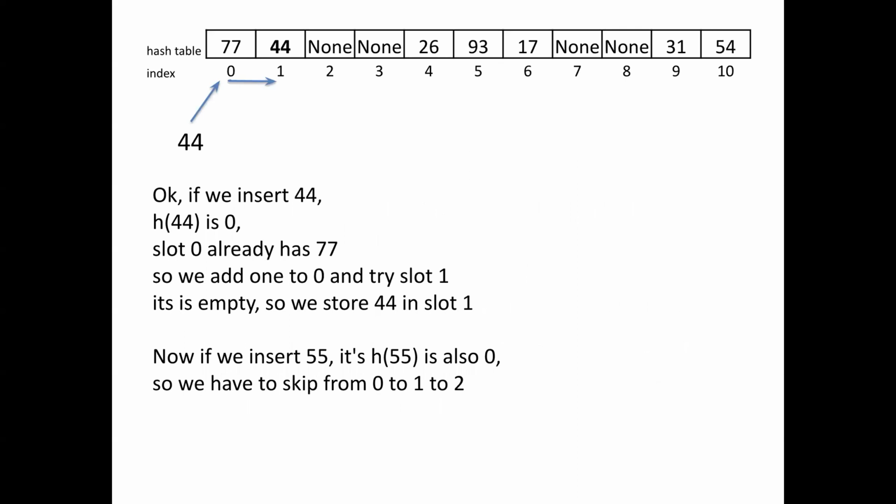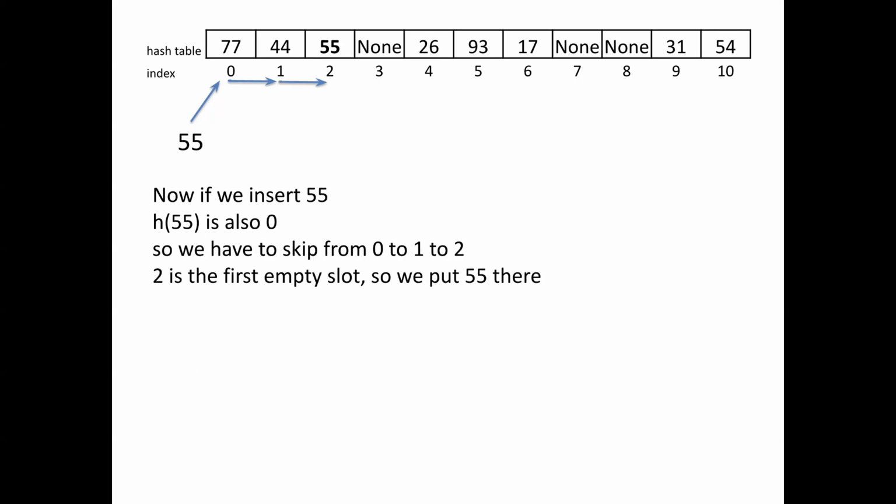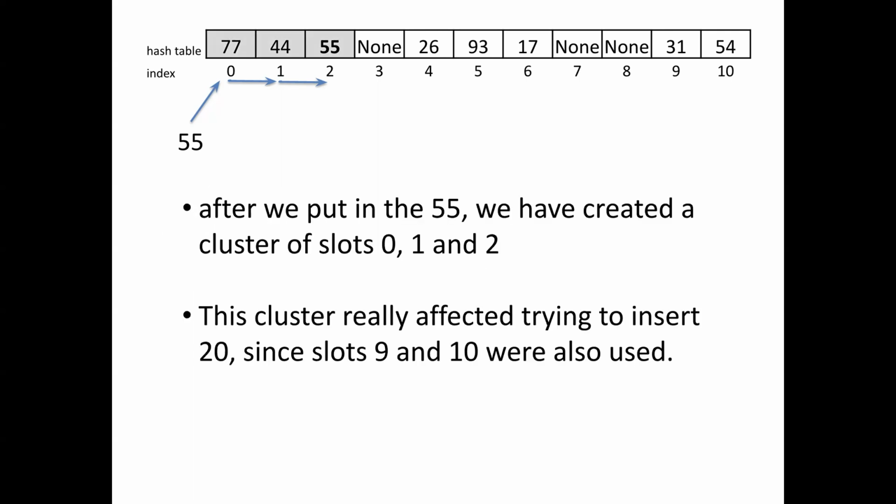Here in the example, 44 is hashed to 0 modulo 11, and I have to put it into slot 1 because 77 is already there. Okay, now 55, because it also hashed to 0, you go past 77 and 44, and go to slot number 2. So it's linear in inserting or searching for linear probing.